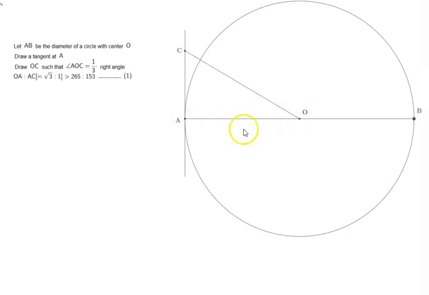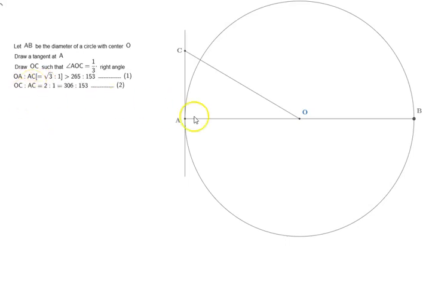OA is to AC is greater than 265 is to 153. Today we would say that OA, let it be √3, and let AC be 1. Then using Pythagoras theorem, we know that OC will be 2. But Archimedes arrived at a ratio of numbers that is a little bit lesser than the ratio OA is to AC.